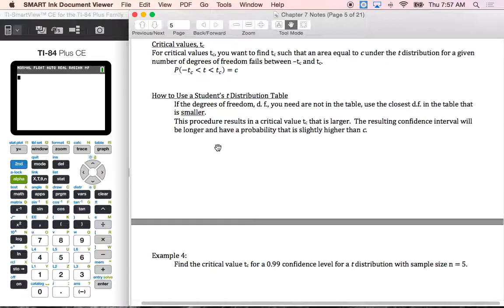So let's say you need 53 and it's not on the table. You have to go to 50 if that's on the table. So you have to always go down on your table. Don't go up to figure out your degrees of freedom to find your critical value.